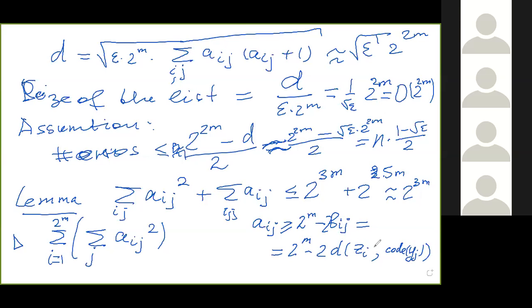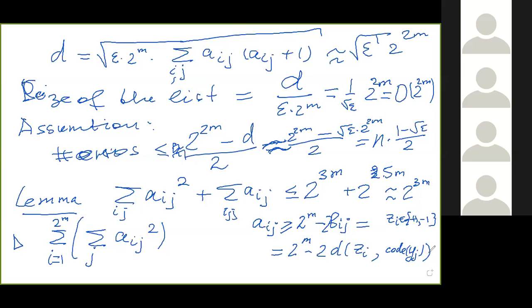So, now we will assume that all our code words, everything is the sequence of plus minus ones. So instead of 0 and 1s as alphabet symbol, we will use plus minus 1s.